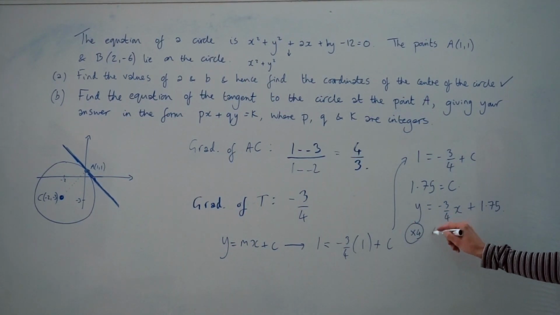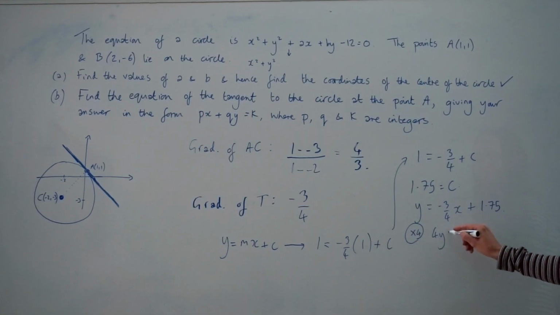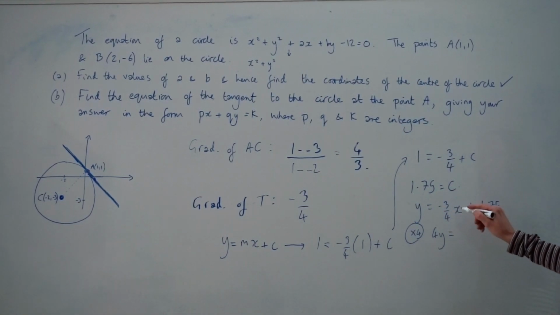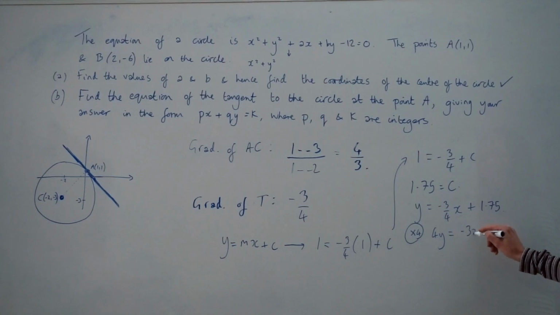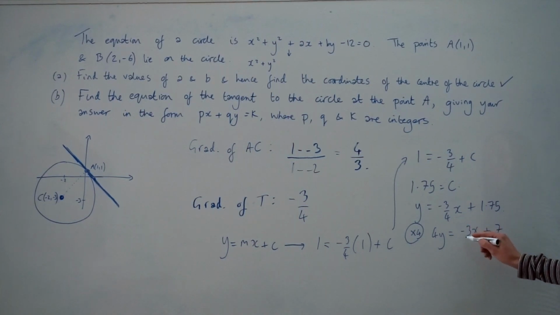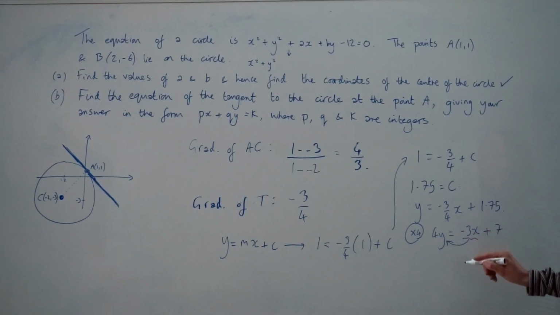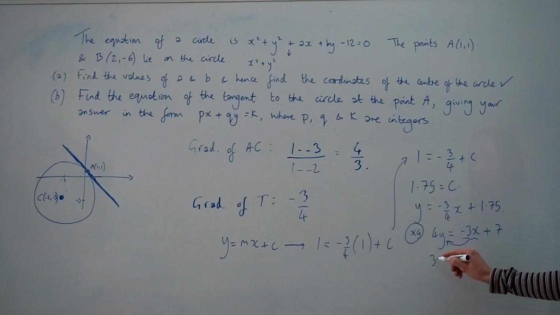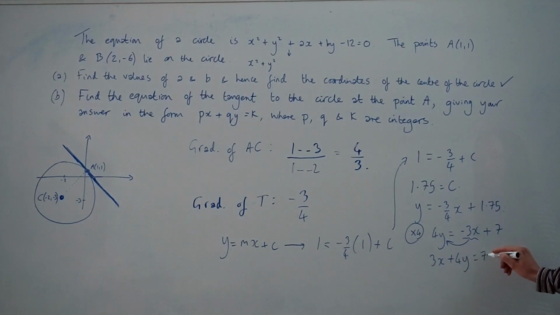So y multiplied by 4 is 4y. -3/4 multiplied by 4 is -3x, and if I multiply 1.75 by 4 I get +7. Then all I need to do is move this -3x over to the left hand side of the equation, so that 3x plus 4y is equal to 7, and that is the equation of the tangent.